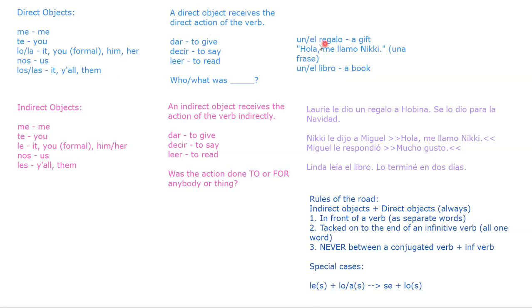If I was talking about los regalos, then I would have picked los. If I was talking about las plumas, I would have picked las. So the lo is here because I had a singular masculine thing, el regalo o un regalo, and so I picked lo. All right, she gave it to her for Christmas.